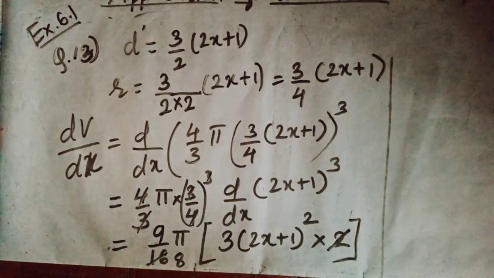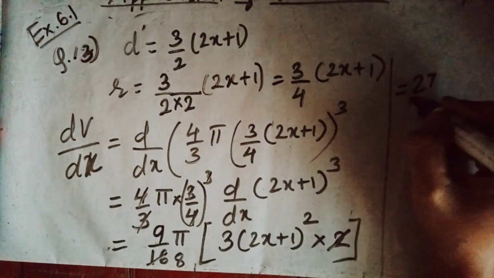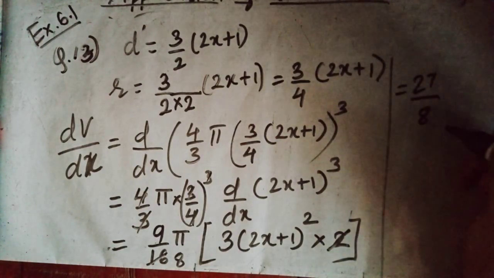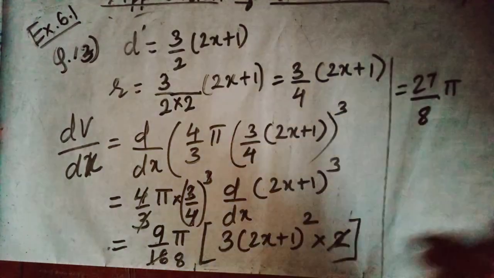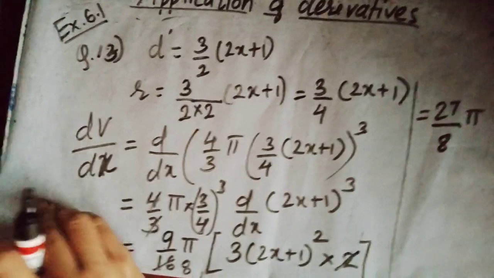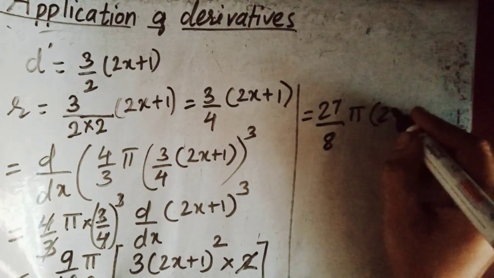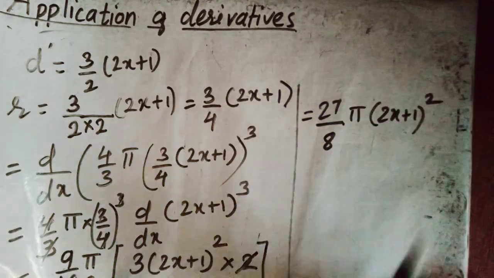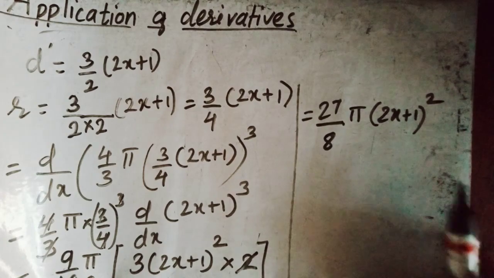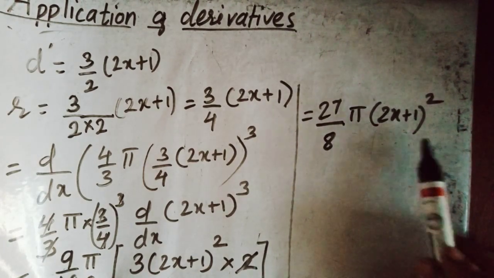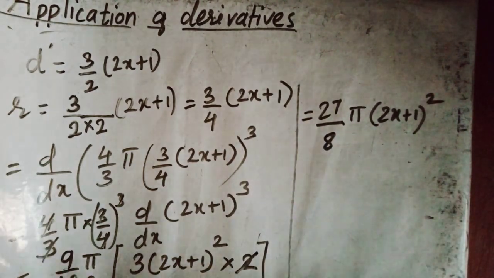So this will be 27/8 pi (2x plus 1) the whole square. Okay, this is the volume with respect to x.